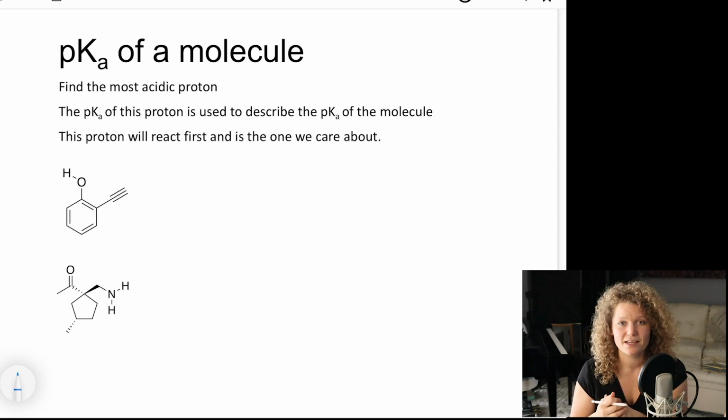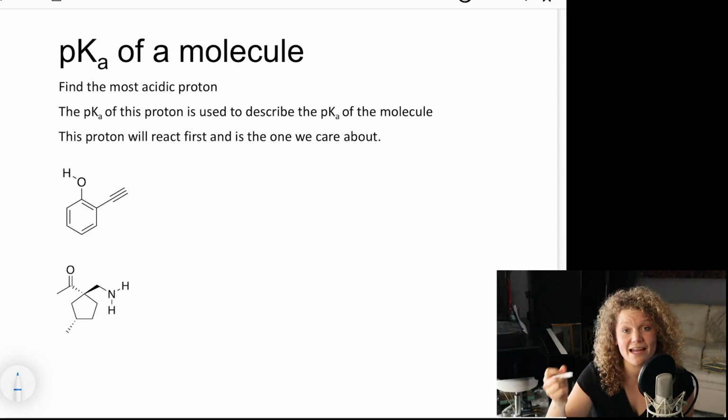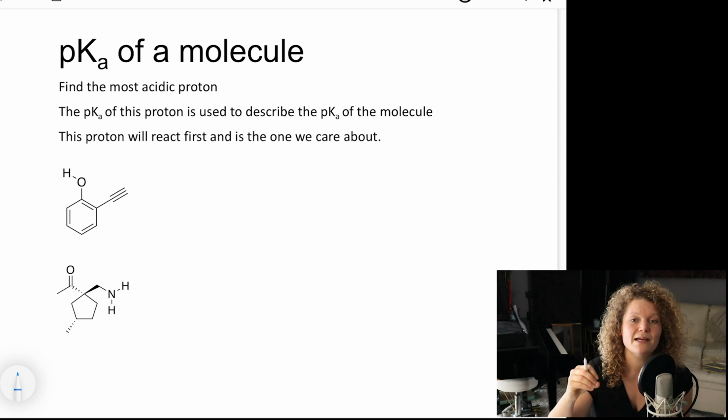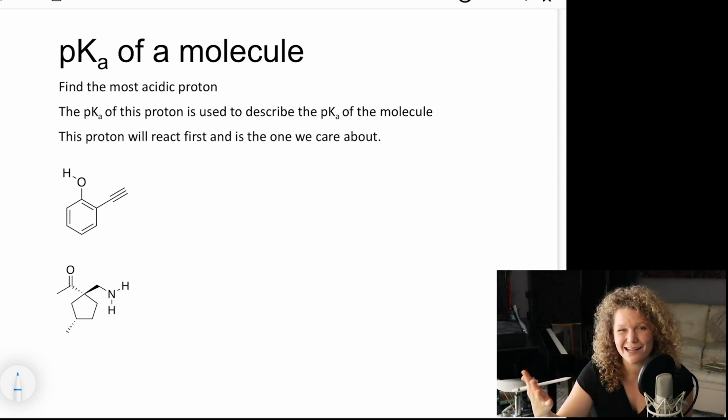Now, so far, we've just talked about pKa's of specific protons, but pKa can also be asked about a molecule in general. What's the pKa of that molecule? Well, when that's asked, it's always talking about the most acidic proton on the molecule. And that's because the most acidic proton is the one that's going to do chemistry, or acid-base chemistry, first.